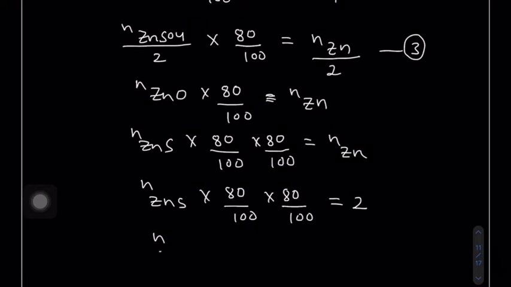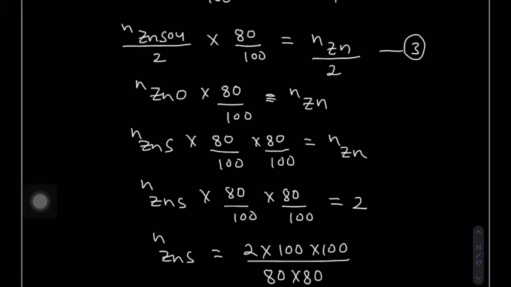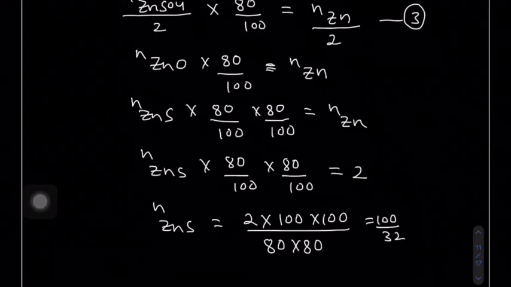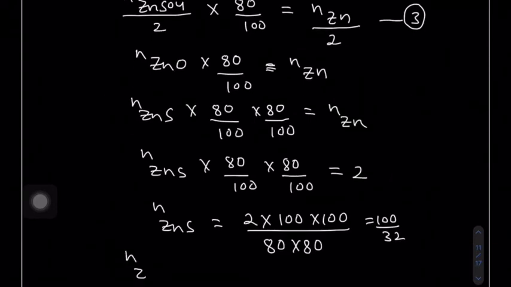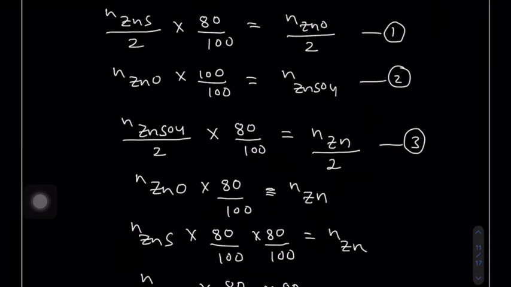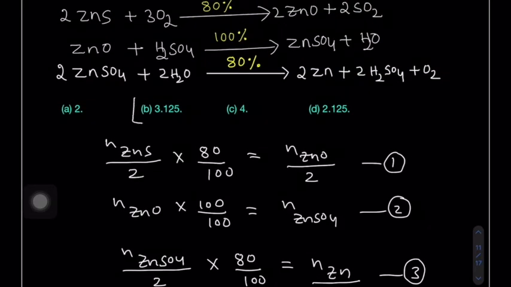So number of moles of zinc sulfide will be equal to 2 into 100 into 100 divided by 80 into 80, that is 100 by 32. So number of moles of ZnS will be equal to 3.125 moles. So the answer will be the second option.